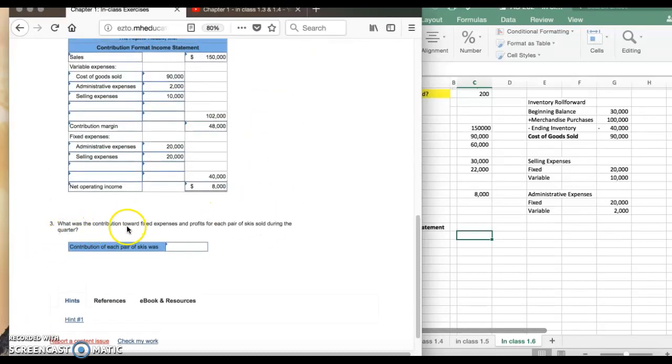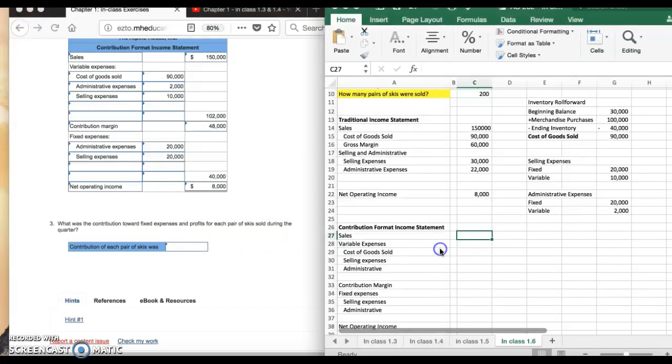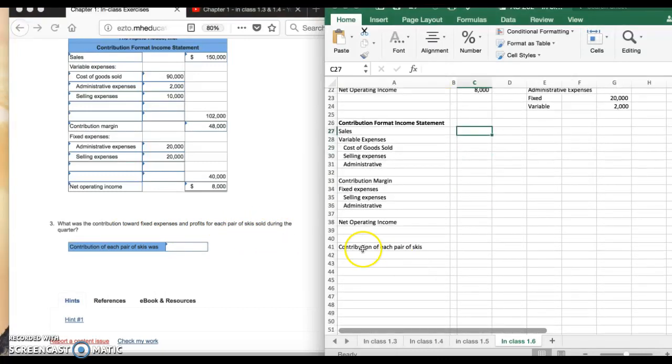So what's the contribution toward fixed expenses and profits for each pair of skis sold during the quarter? How are we going to figure that one out?